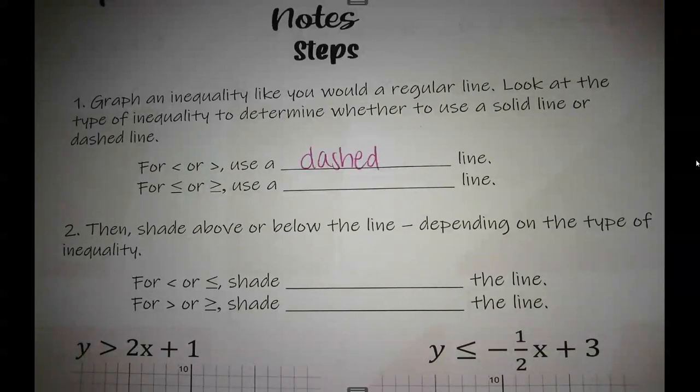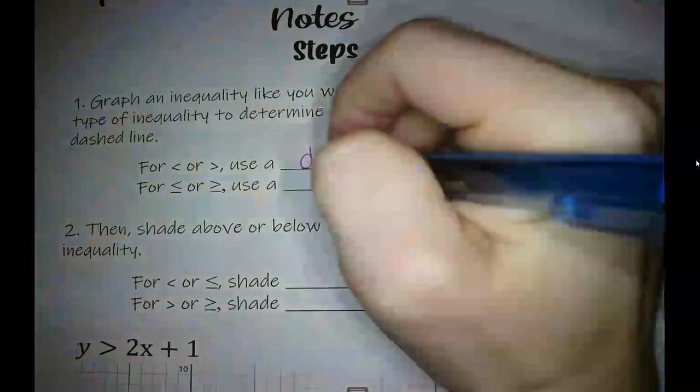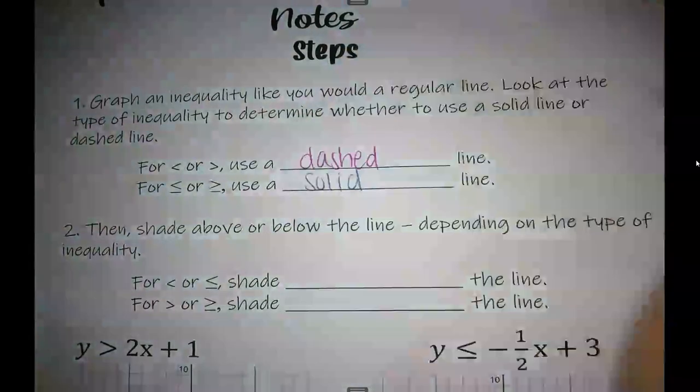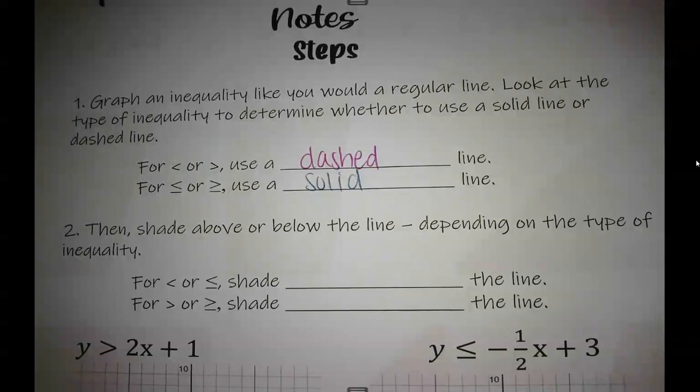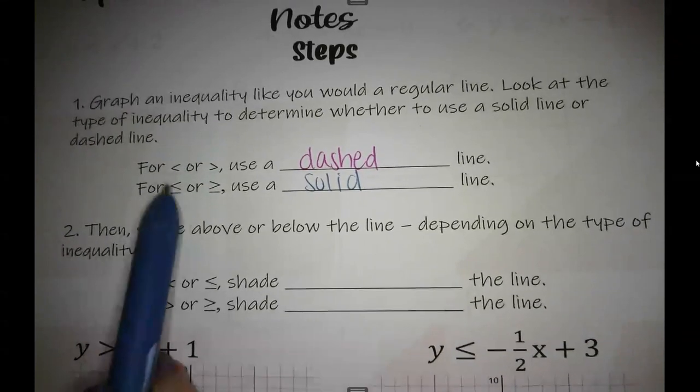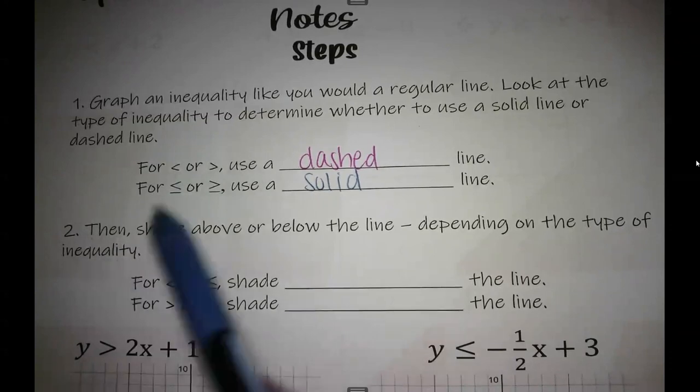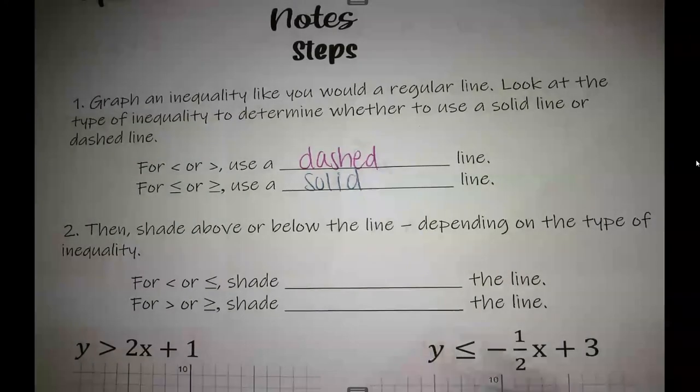But if it does have that equal to sign, then we'll use a solid line. This is some really important information that you need to remember. When it has the line underneath, our line's going to be solid. And this will help you if you remember just this key information.